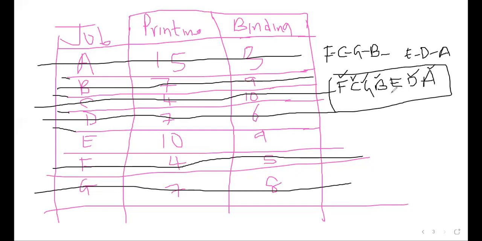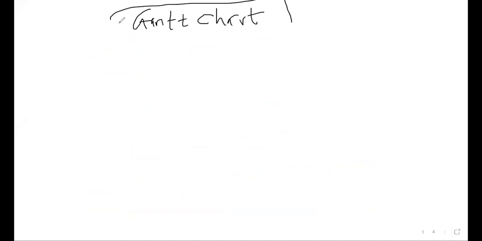So this sequence that we have, we can now do the Gantt chart. So for the Gantt chart, what is going to happen here is that we have the printing, and we have the binding.